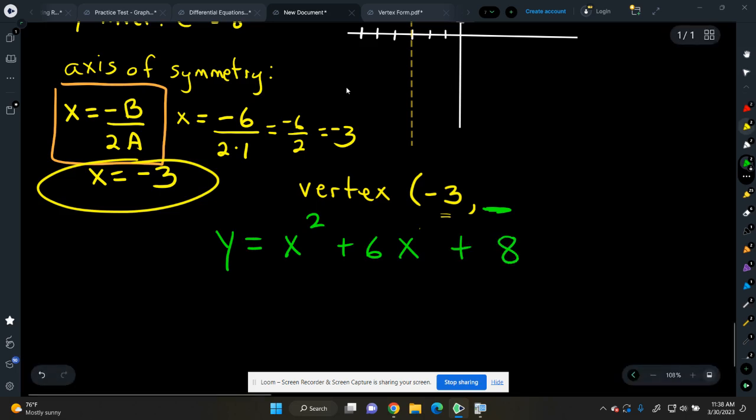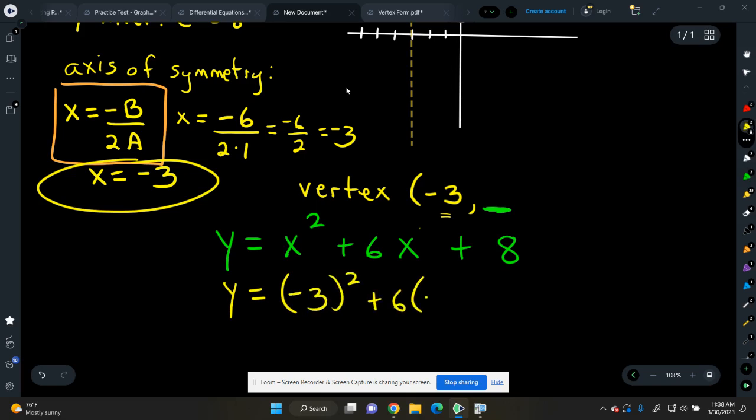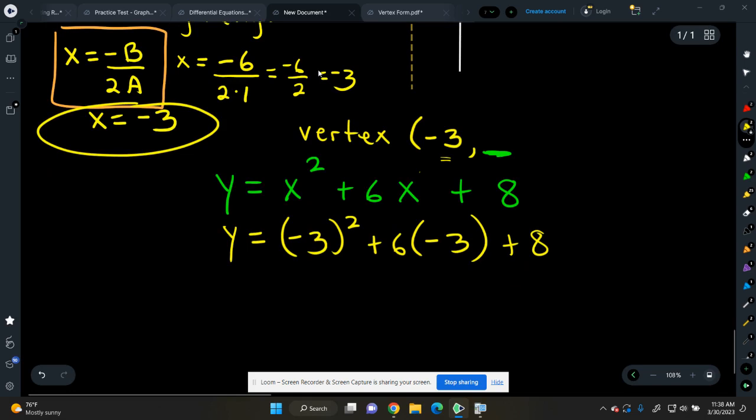So in order to find y, I'm going to plug it in. X is negative 3, so negative 3 squared plus 6 times negative 3 plus 8. Okay, that's going to give me 9 minus 18 plus 8, which actually equals negative 1. So I knew my x value.